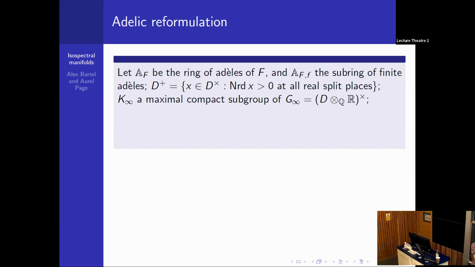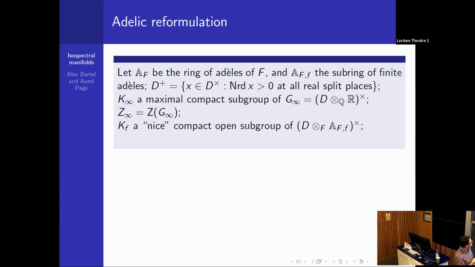So we said G infinity is something like a bunch of GL2Rs and GL2Cs, so K infinity is something like a bunch of orthogonal groups and a bunch of unitary groups. And we have the center again. And we take some nice compact open subgroup of this thing. Think just products of GL2 over Z_p, for various primes p.